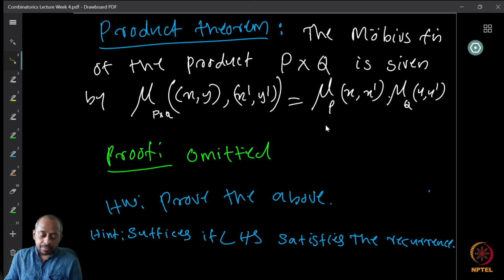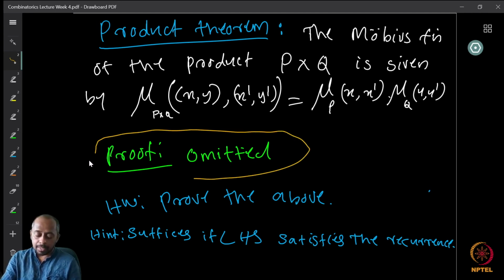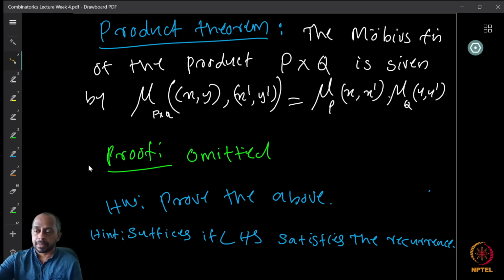Or another proof method is by expanding this. We know what the definition of this and this is, right? As summations, and then you take the product of these and compare the coefficients and show that they are also the same. So there are many ways of proving this. So I am omitting the proof, but you can work on this. How many different proofs can you come up with? And this is very useful.